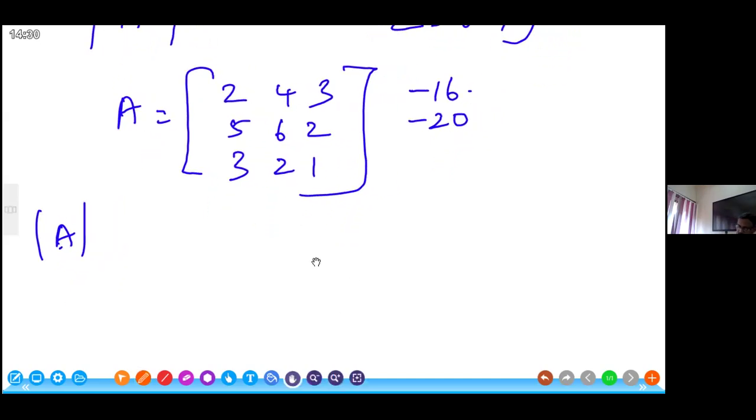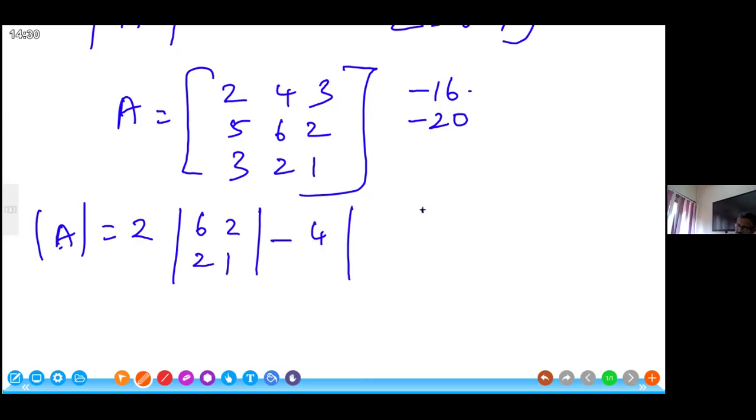Let's look at it. Determinant of A is given as 2 into cofactor of 6, 2, 2, 1, minus 4 into cofactor of 5, 2, 3, 1, plus 3 into cofactor of 5, 6, 3, 2.